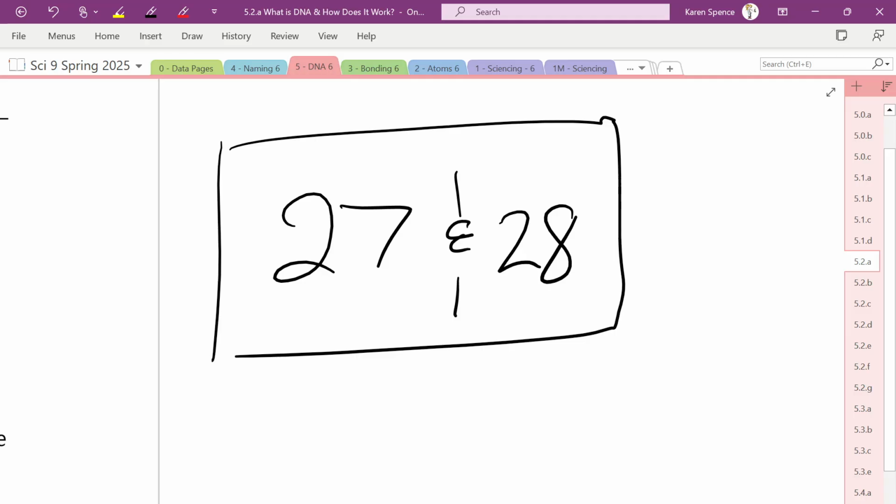Oh, yeah. Okay, for this, we have money. The letters.